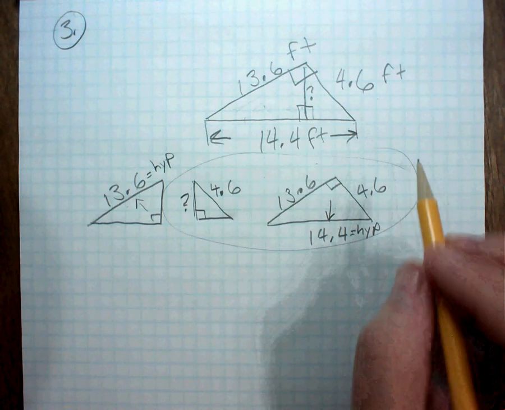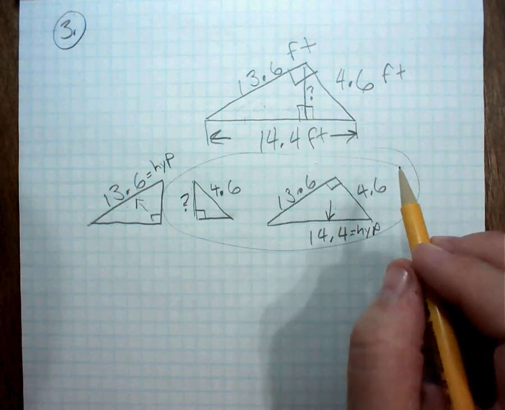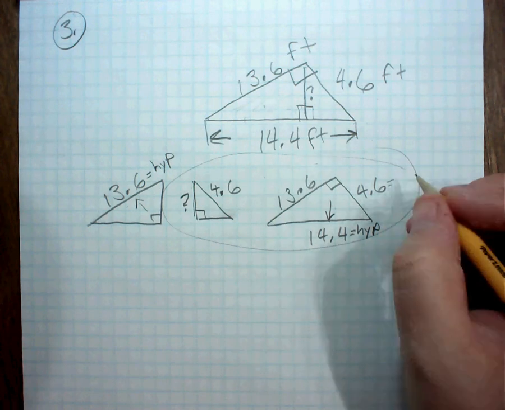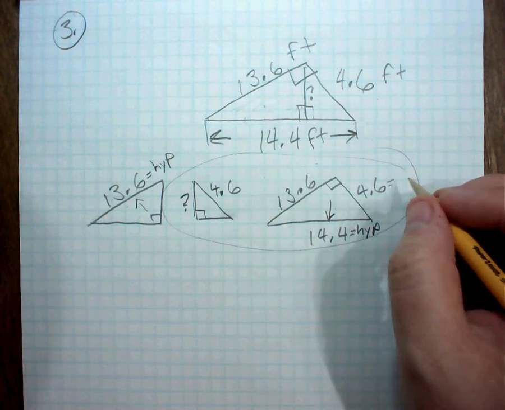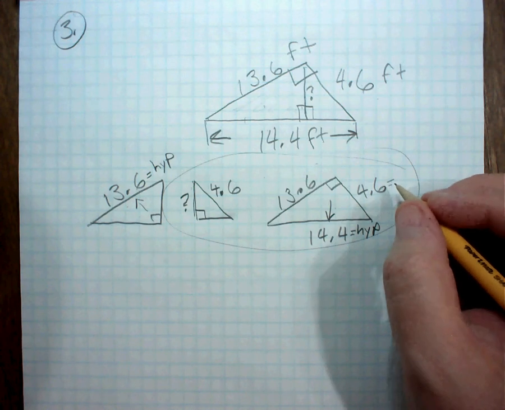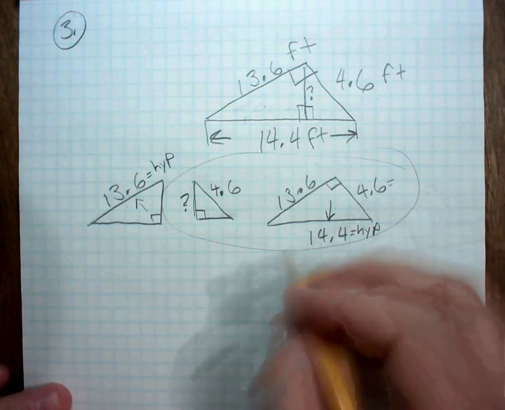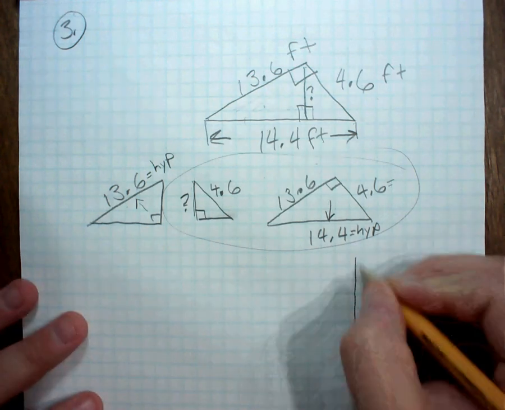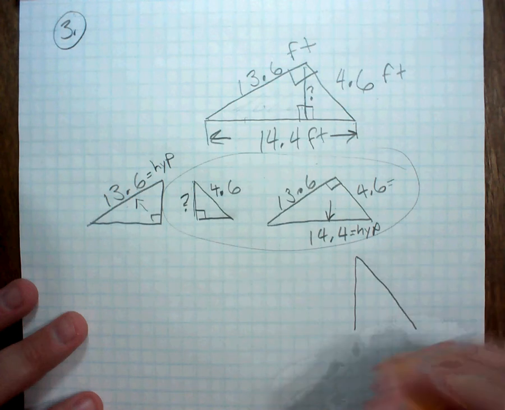So if I look at this image, the 4.6 is... I'm going to try to rewrite this triangle, which is kind of hard to do, so that I can figure out what the corresponding sides are.